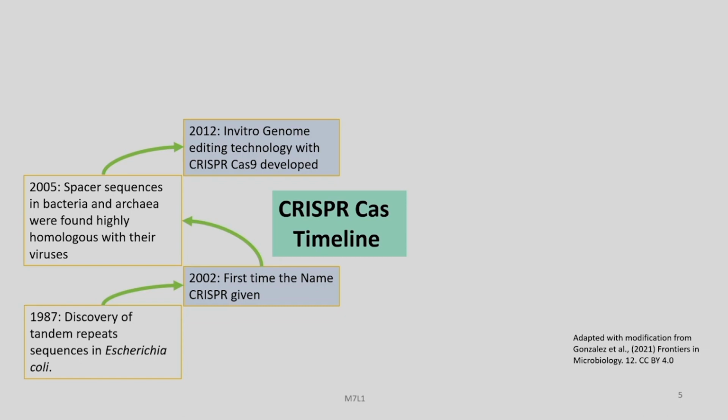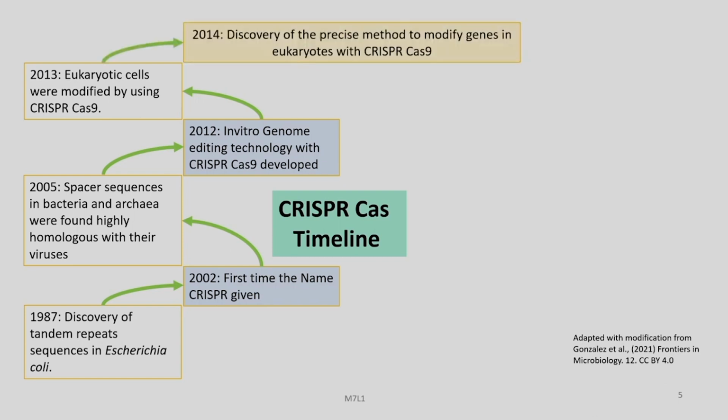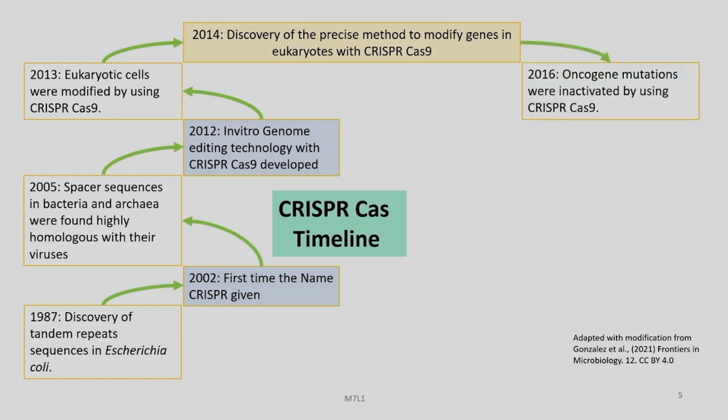It was possible to do in vitro genome editing with CRISPR-Cas9, and this was developed in 2012. The very next year, this technology was used for modifying eukaryotic cells, and in 2014 there was discovery of a precise method to modify genes in eukaryotes with CRISPR-Cas9.